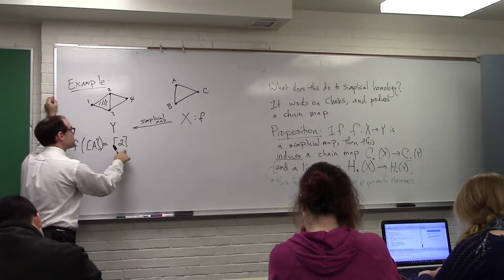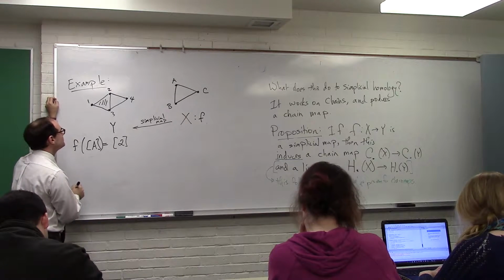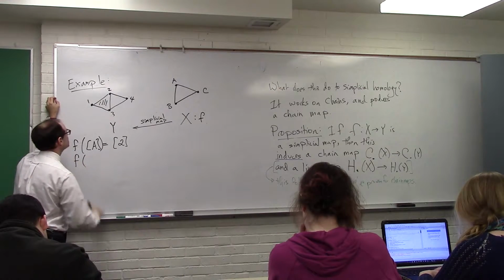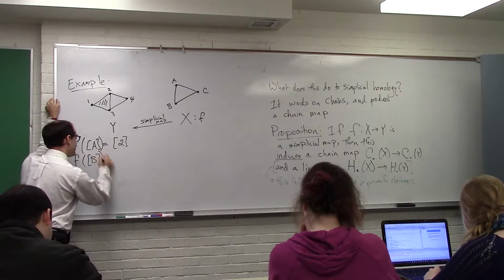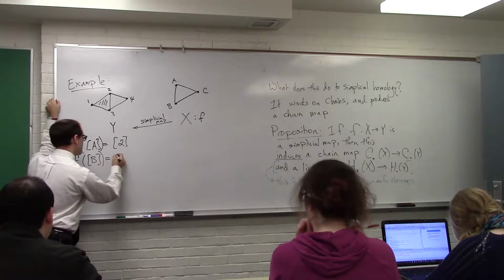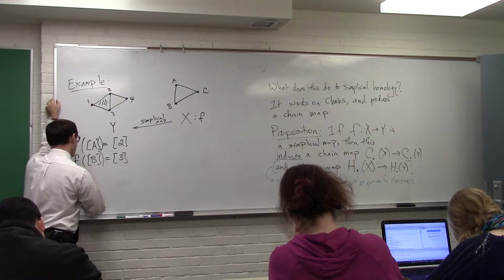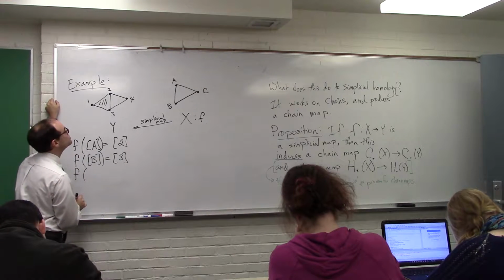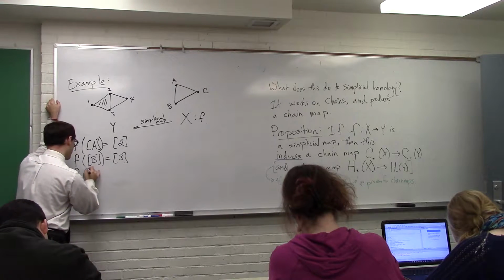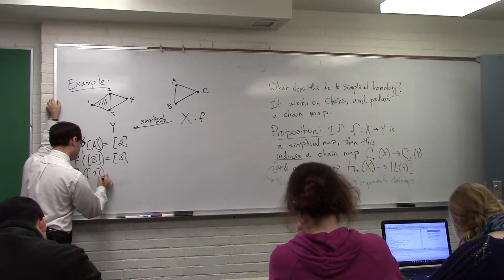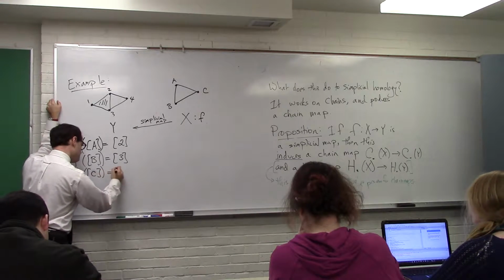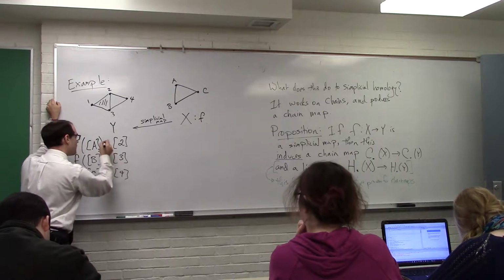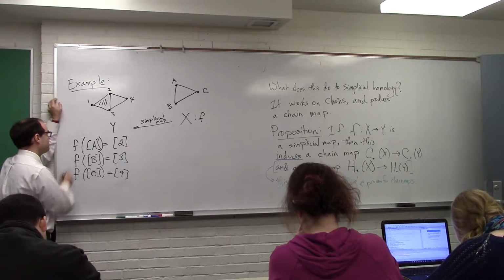So simplex in, simplex out, preserves dimension. Let me tell you where B goes. B goes to, say, 3. And C goes to, I would say 4 for the moment. Whoops, C goes to 4. I'm defining it to be so.